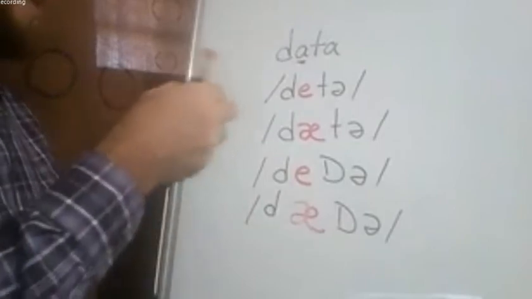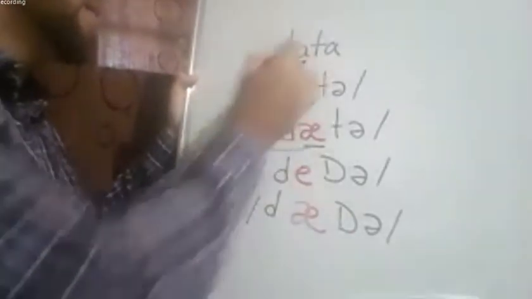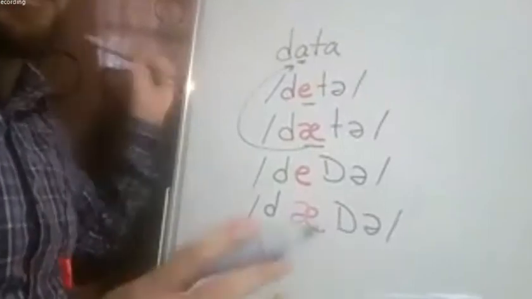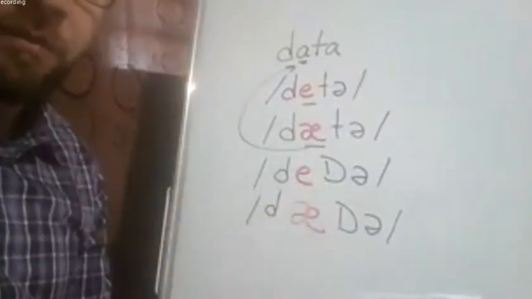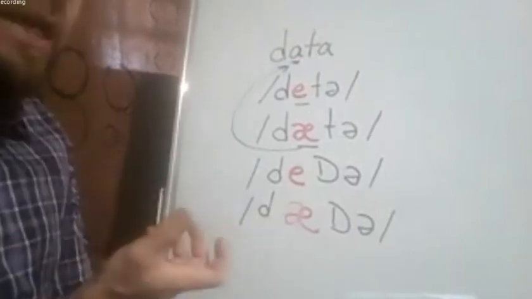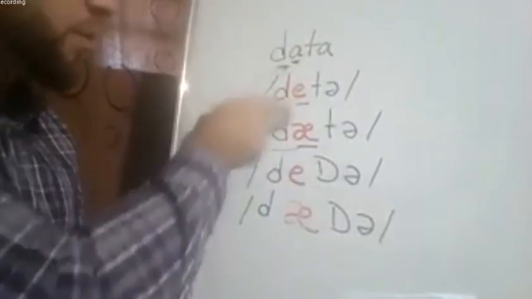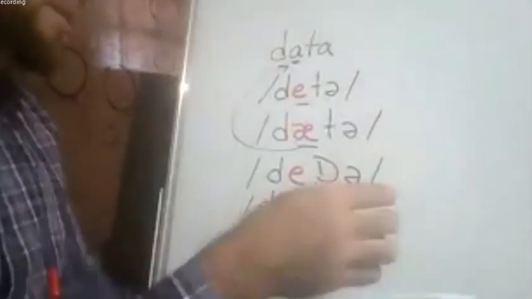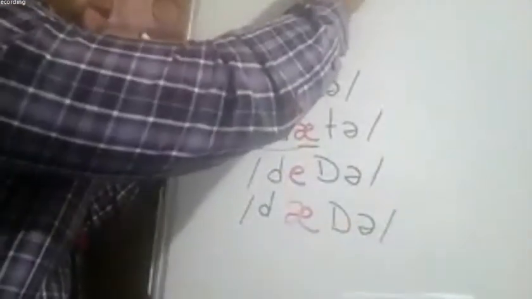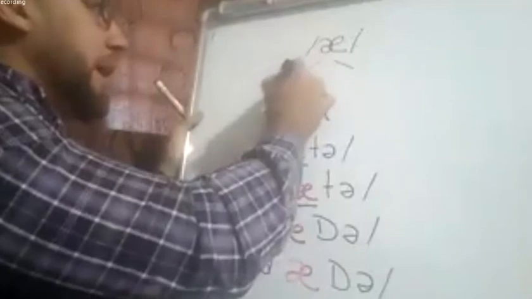So we can say that these two, for example, are both allophones of the same phoneme. We still don't know which is the phoneme. We don't know exactly which phoneme is in fact the actual phoneme of the word, but these two are definitely two allophones of that phoneme.